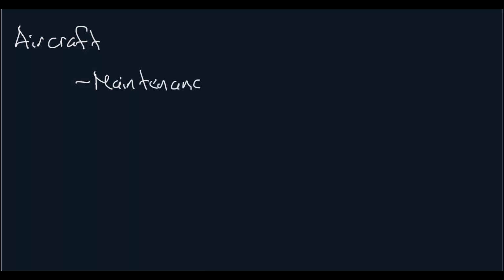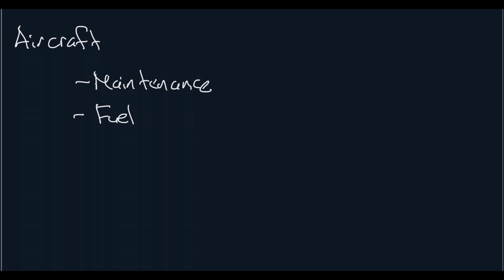Next is the airplane. We're talking A, airplane. Here we ask: is this aircraft safe? Is it legal? Is it capable for today's mission? We're talking about maintenance. Is the aircraft maintained to its legality?